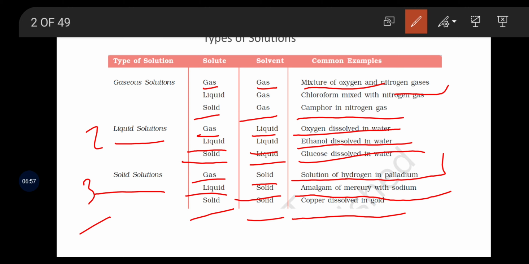So there are 9 types of solutions: gas in gas, liquid in gas, solid in gas, gas in liquid, liquid in liquid, solid in liquid, gas in solid, liquid in solid, and solid in solid. So there are 9 types of solutions.